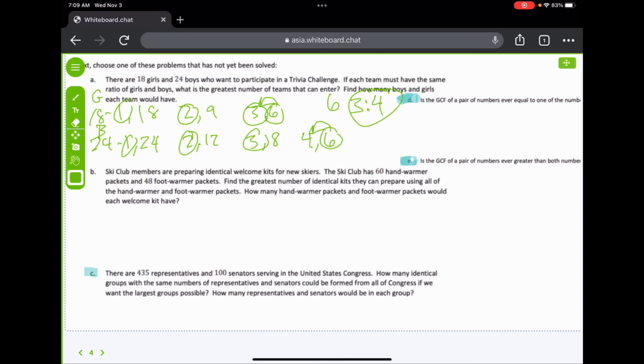Okay, so we're going to do the same thing. Let's do 60, and these are the hand warmers. So the foot warmers is 48.